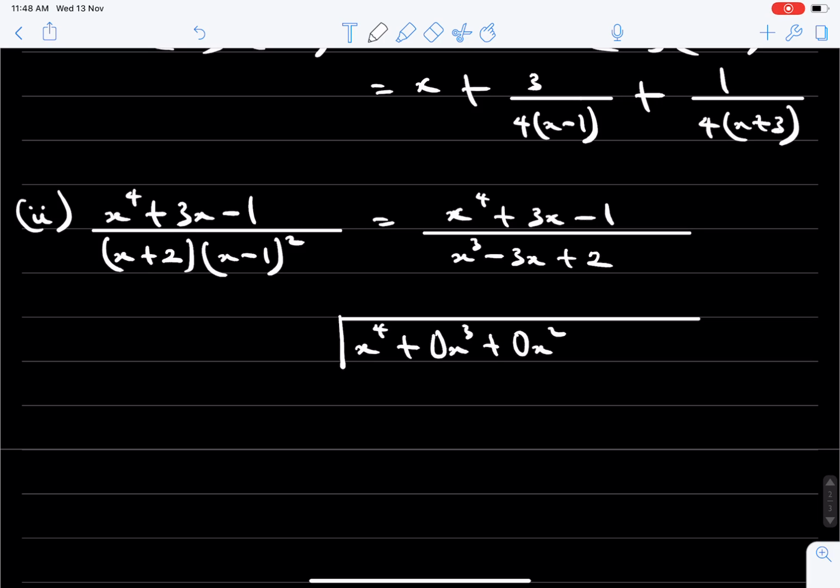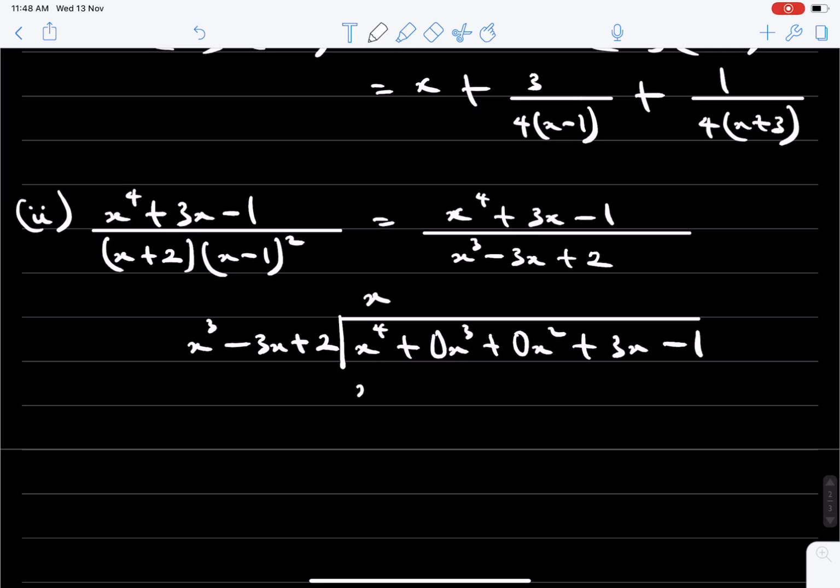This is just to make it clearer when we divide, plus 3x minus 1. And the divisor is x cubed minus 3x plus 2. So x raised to the power 4 divided by x cubed is x. And we multiply as usual.